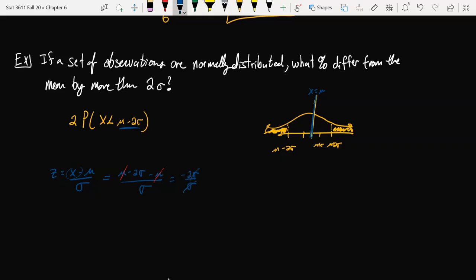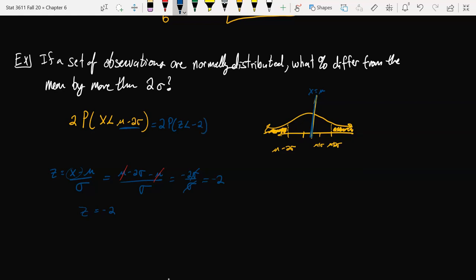Sigmas cancel, and so you're left with negative 2. So it's for z equaling negative 2. That is 2 standard deviations away on the standard normal table, because the standard normal distribution has a standard deviation of 1. So this is equal to twice the probability that z is less than negative 2.0.